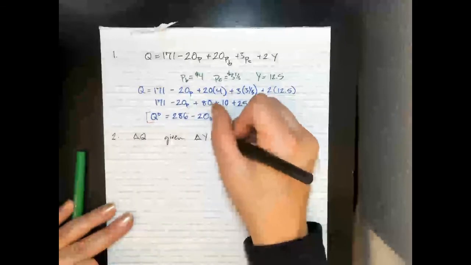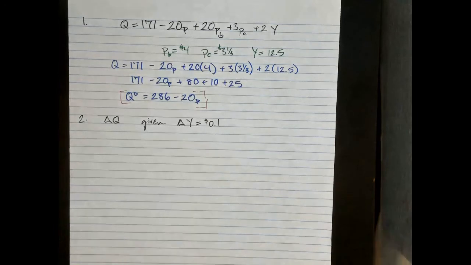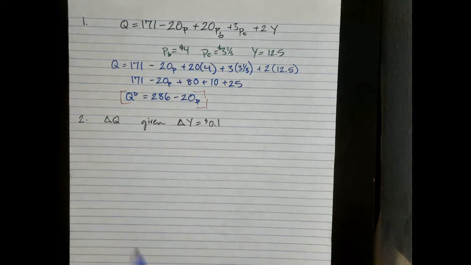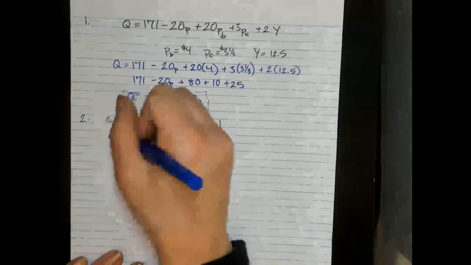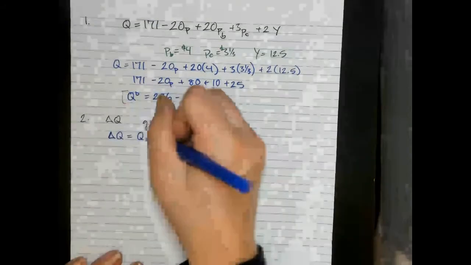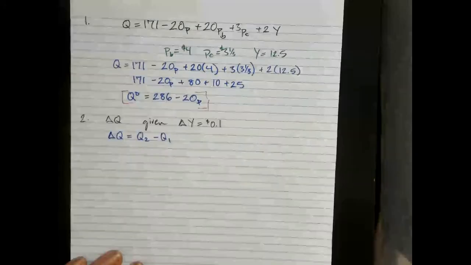So the change in Y is 0.1. To find this, we go through the same steps we've done before. First we find the effect of the change in Y on change in Q. We define change in Q, which is equal to Q2 minus Q1.